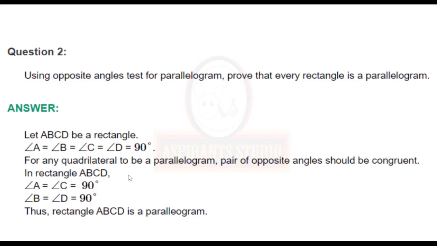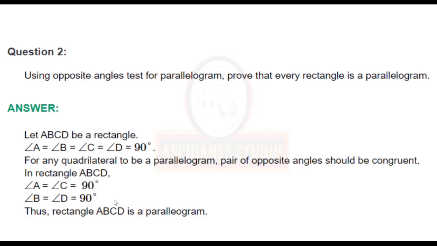The next line you write. First of all you write this. Measure of angle A is equal to measure of angle C is equal to 90 degrees. Measure of angle B is equal to measure of angle D is equal to 90 degrees.